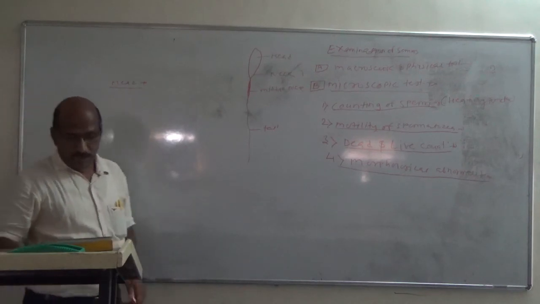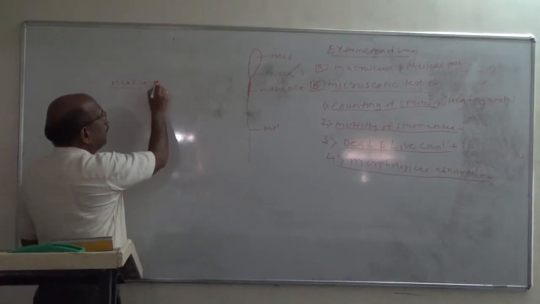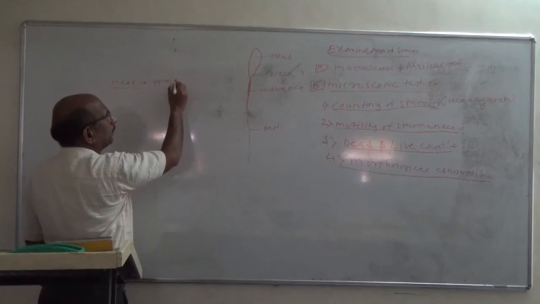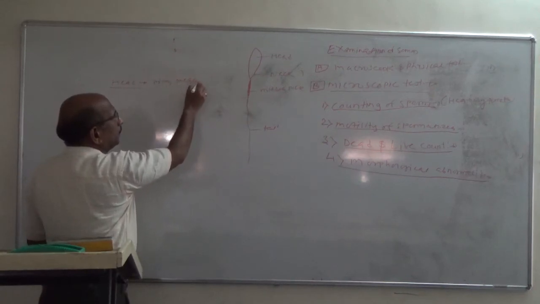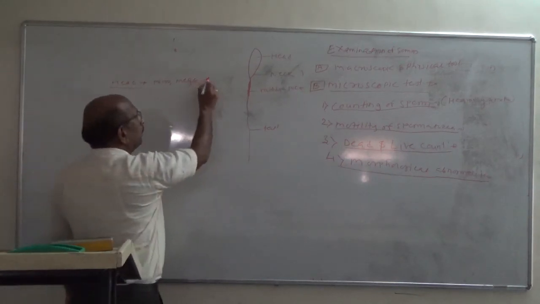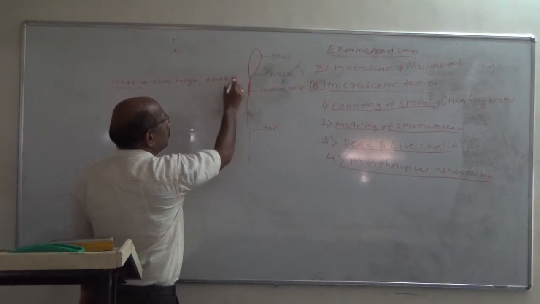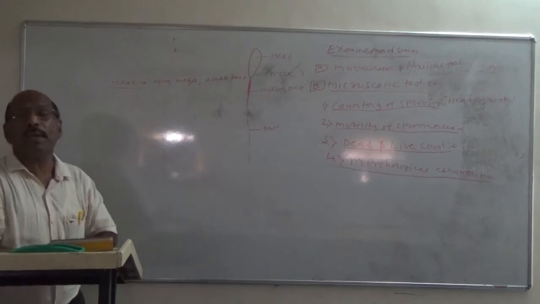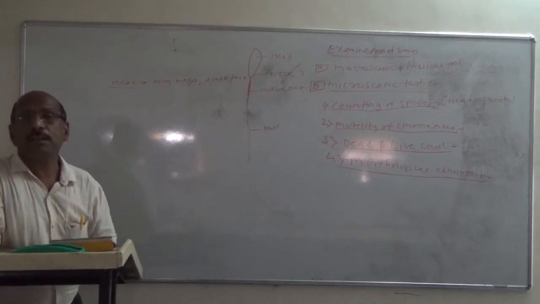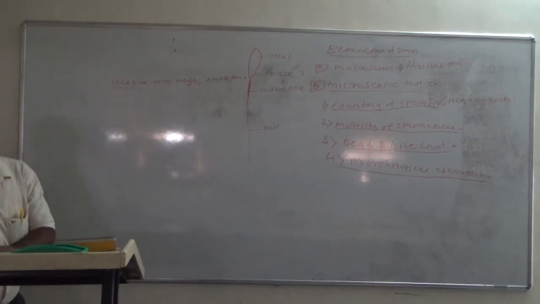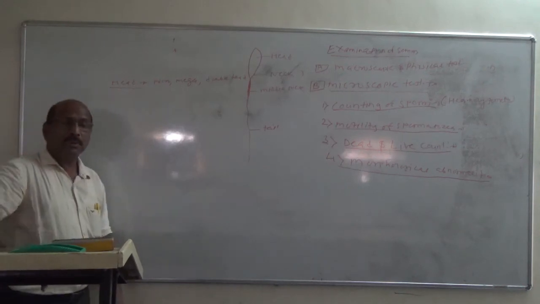The heads may have microhead, meaning the sperm has a small head, megahead, the sperm having a large head, double head, and altered shape including narrow and pear shape.